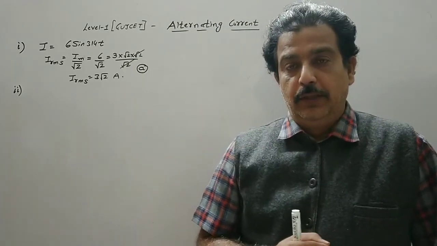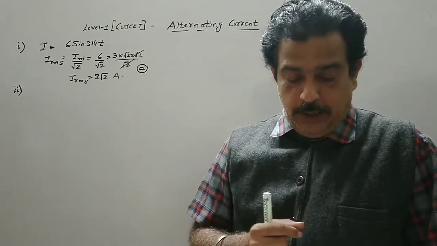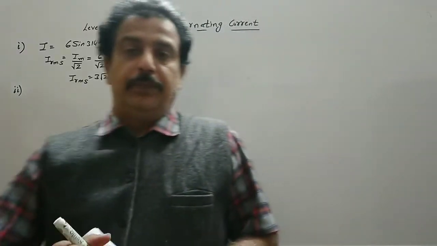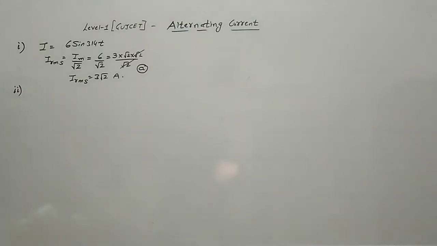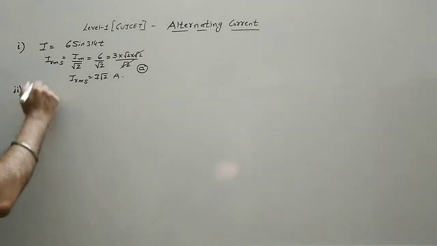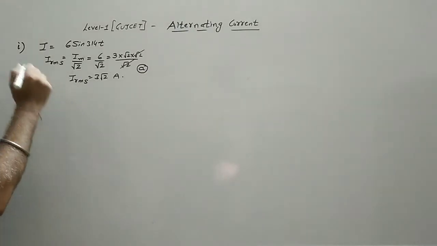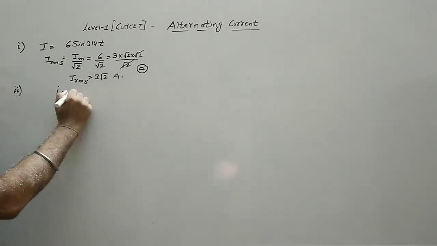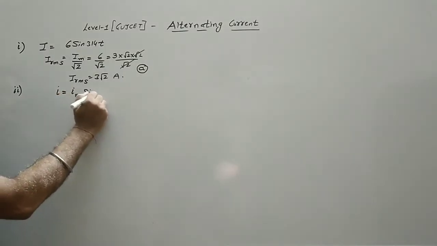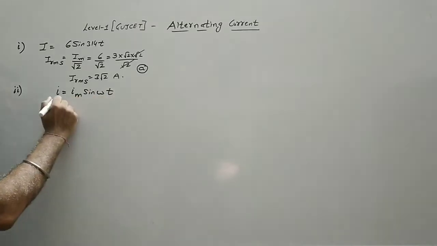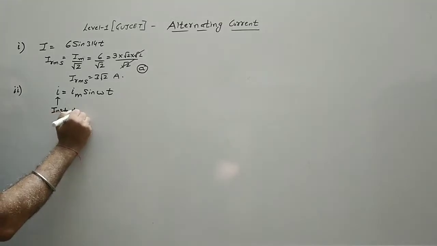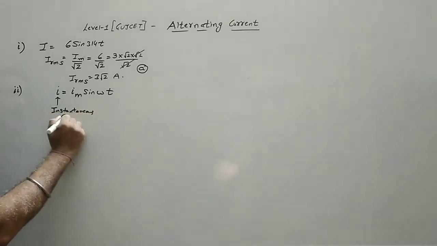average value. Now see, the symbol given in this question is for average, they have written IM. So there is a symbol change. In our theory, we have used I is equal to Im sine omega t, where I was referred to as the instantaneous value, called the instantaneous current.